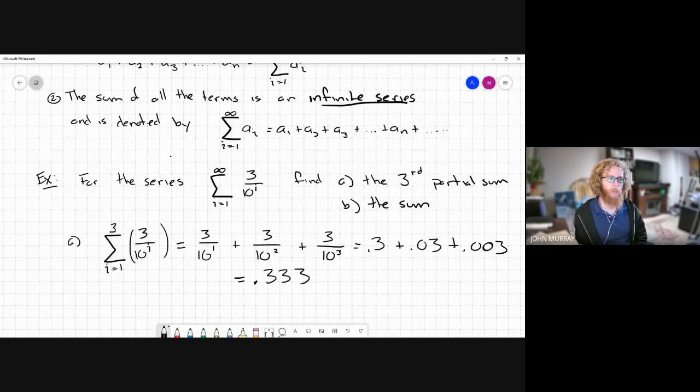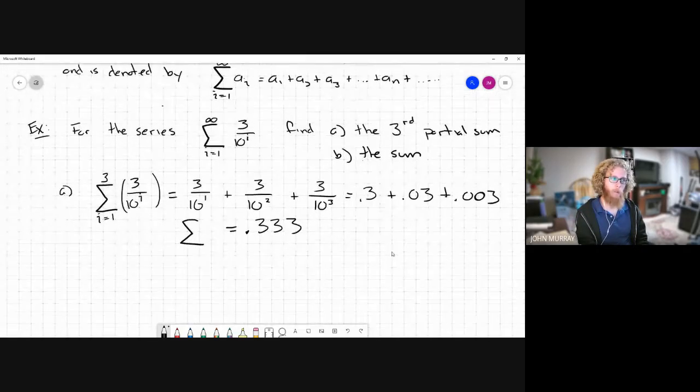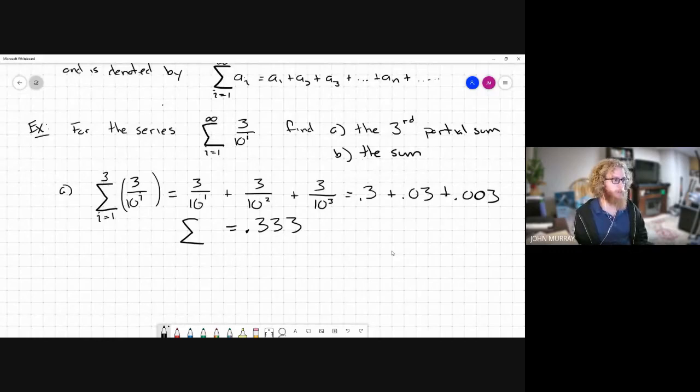So the third partial sum is 0.333. So that's pretty straightforward. You're just calculating 3/10 plus 3/100 plus 3/1000. Now, maybe you can see kind of where we're going for the entire sum.